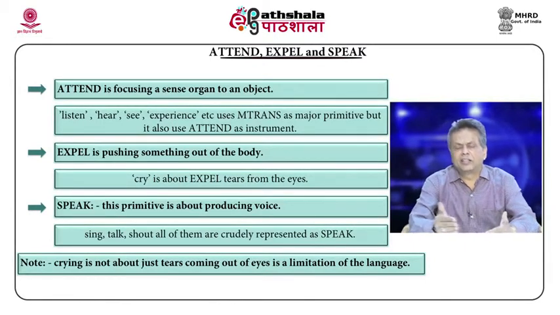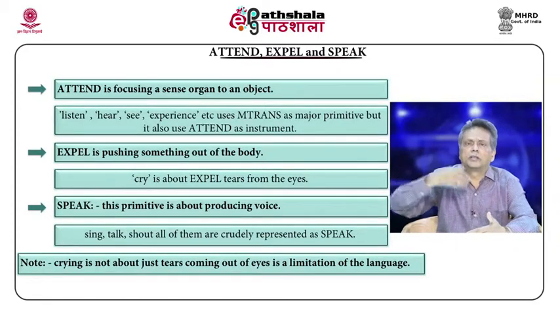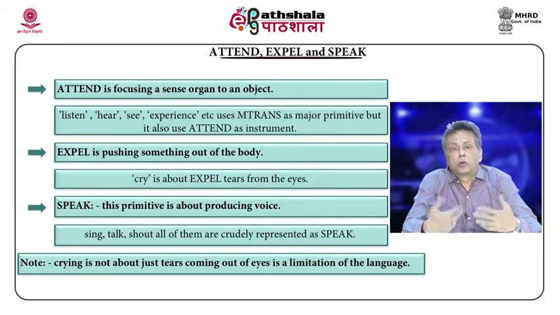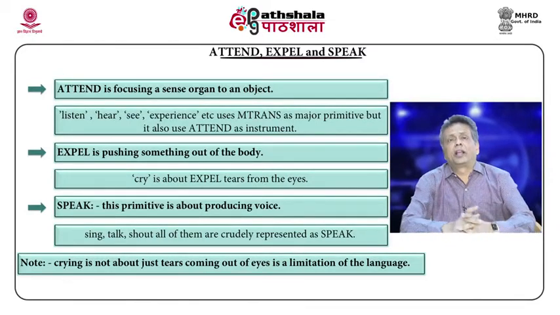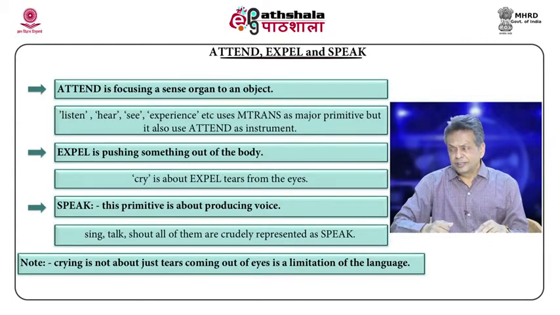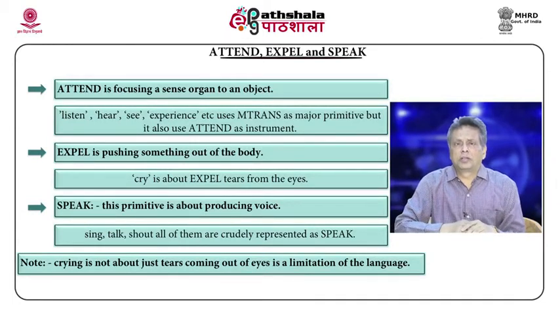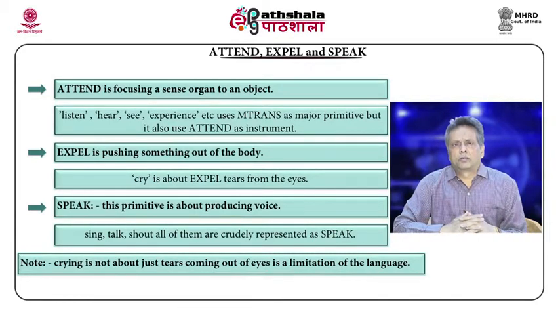So, attend is attending your sensing organ to something which is coming from outside. The other one is called expel, forcefully throw out something. For example, when I am crying, the tears expel out of my eyes. And one more called speak, generate a sound. So, these are all examples of primitives.